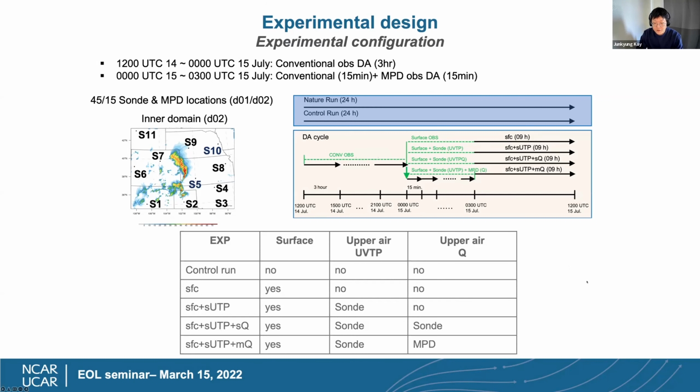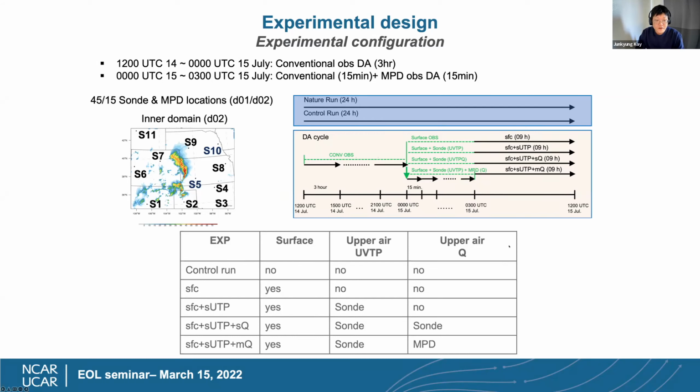So MPD are co-located at the sonde sites, shown in this left figure. There are 45 sonde sites over the CONUS, and there are 15 sonde sites in our inner domain. And this shows the location of our MPD and sonde sites.